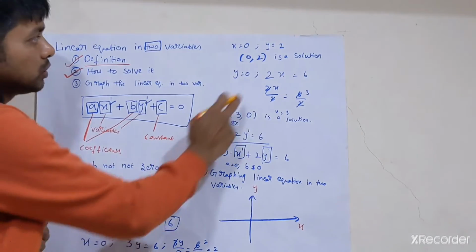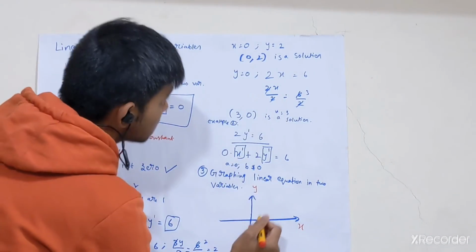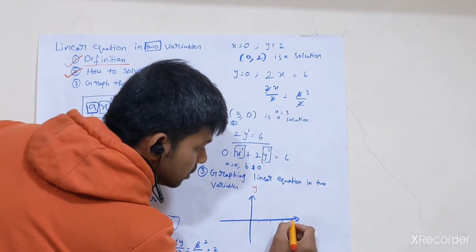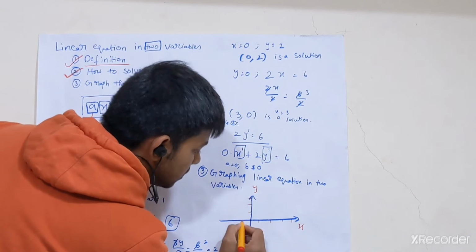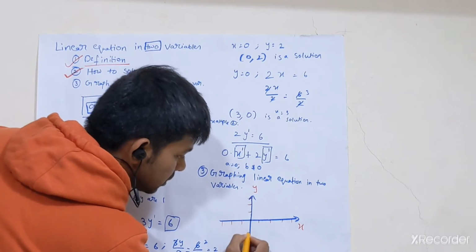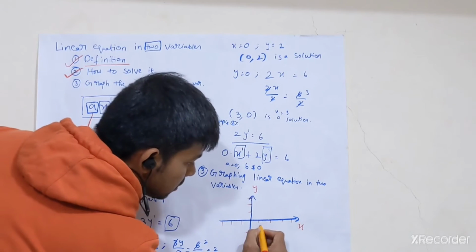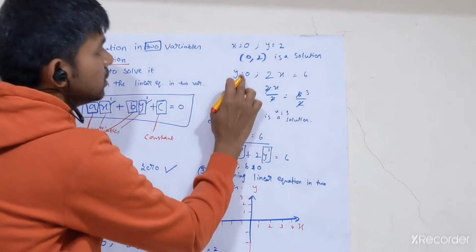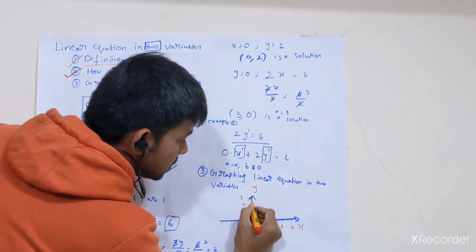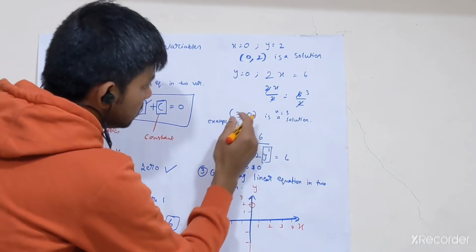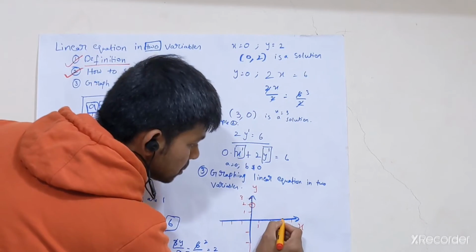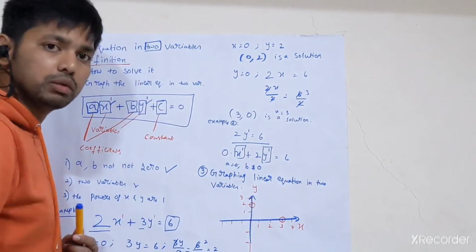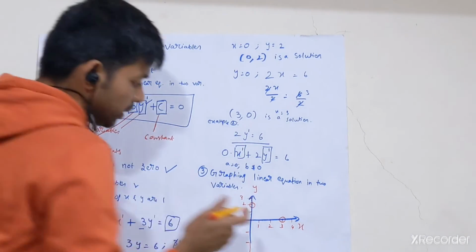We have already got the solution (0, 2), so x is 0 here and y is 2. This is one point, and then (3, 0), where x is 3 and y is 0. So these are the two points. For graphing a linear equation in two variables, we need at least two points.